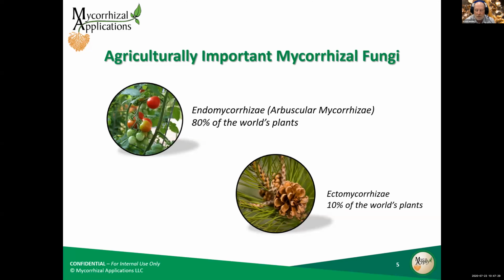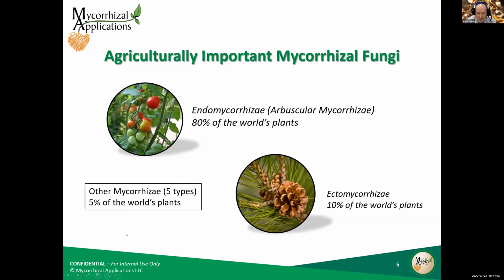This is based on the plants around the world. Arbuscular mycorrhizae are associated with about 80% of the world's plants, and ectomycorrhizae associate with about 10%. So these 2 types of mycorrhizae associate with 90% of the world's plants and most of the agricultural plants, except for something like blueberries. Your other 5 types account for about 5%.